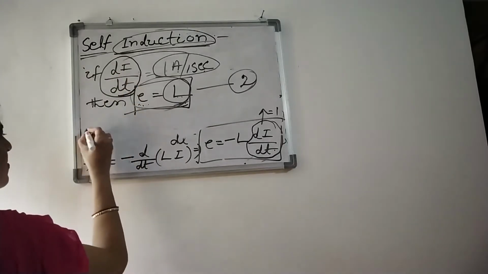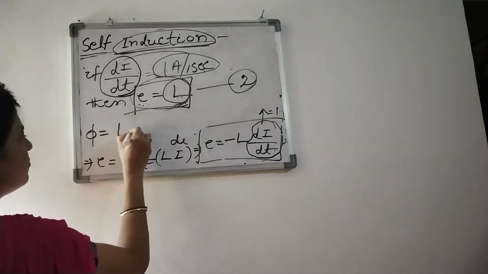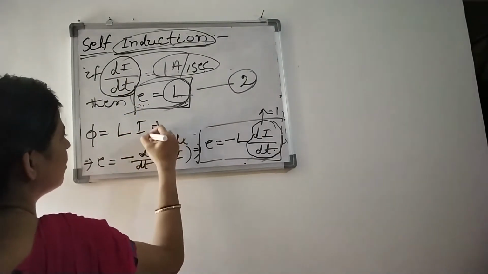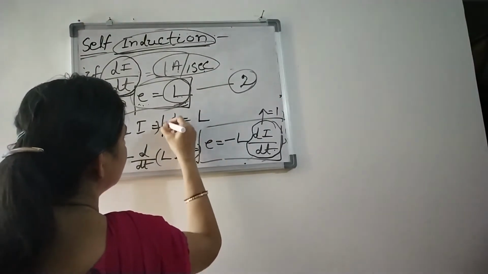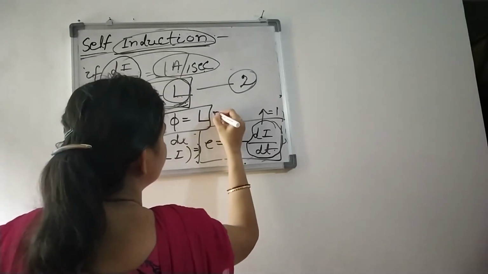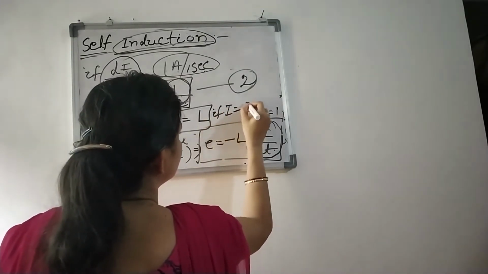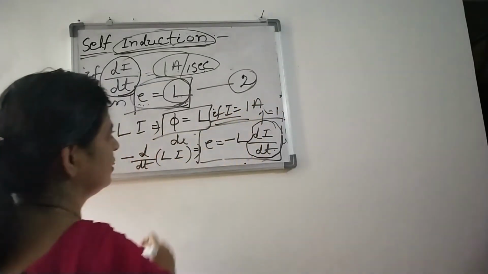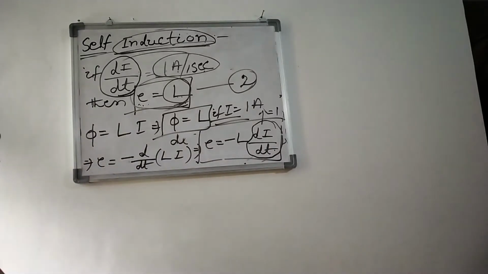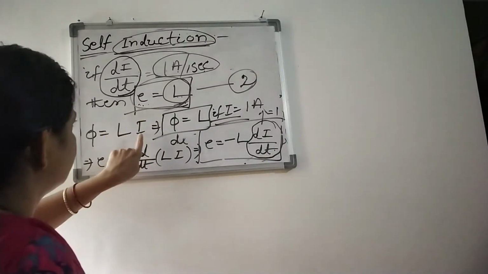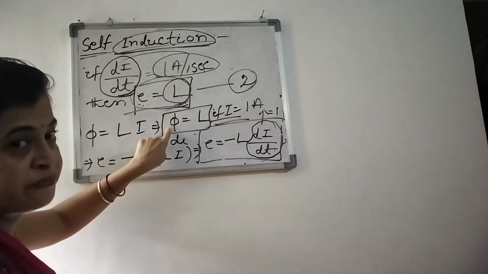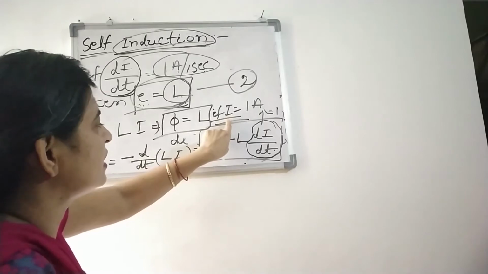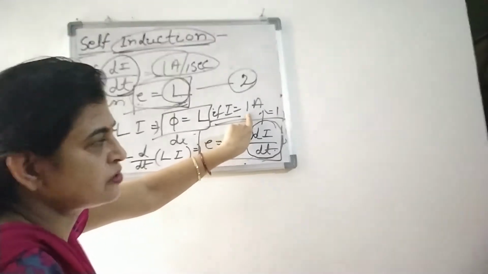From the above relation, you can write phi is equal to LI, or phi is equal to L if I is equal to 1 ampere. Now mark these two equations. From this relation, self-inductance is equal to the magnetic flux when the current is unit.